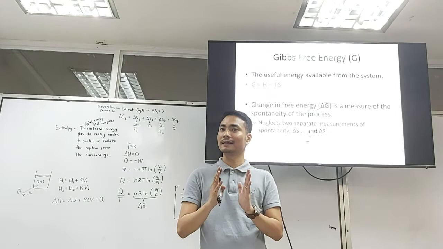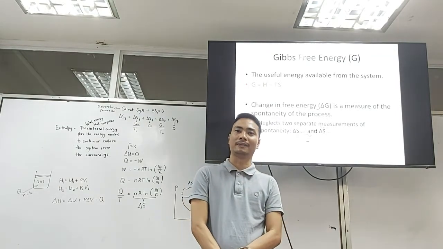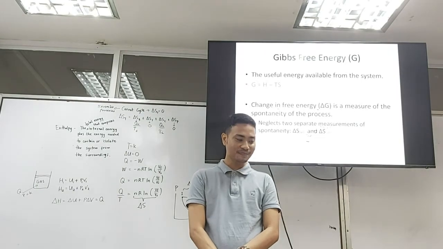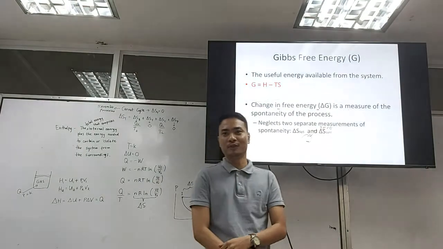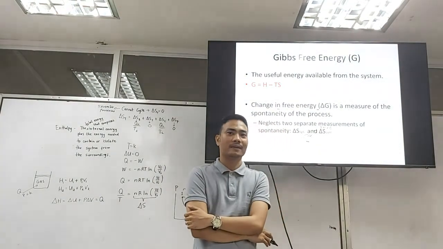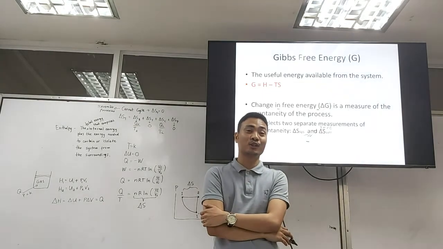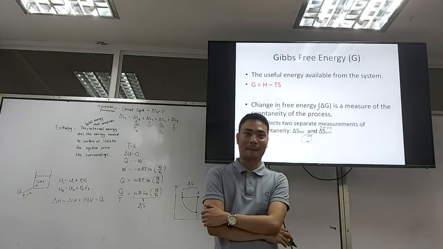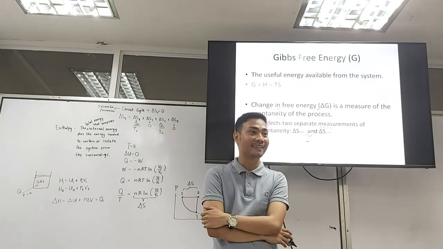Hindi yung delta S universe criterion. The delta G criterion. And so we have an equation here. By the way, this Gibbs free energy was derived by, pangalan niya, no? Josiah Willard Gibbs. Hindi ko alam, baka ancestor ni John Gibbs yun.